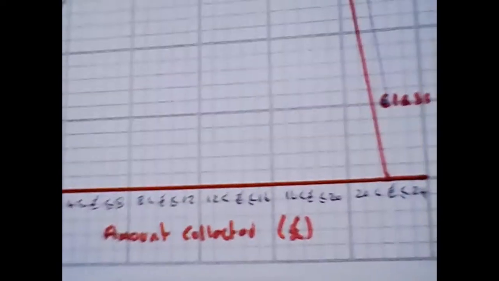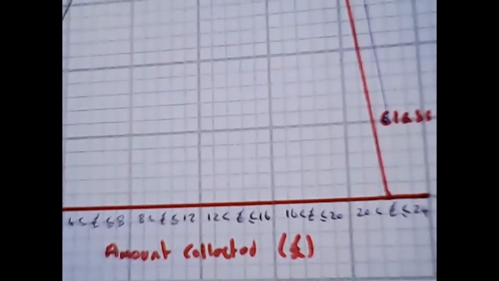And then I put them onto a diagram, and again, I'll just talk you through it quickly. At the bottom here I've got the amount collected, in the groups, there's six columns there, and then at the side here I've got the frequency. The frequency goes up to 9 as the highest one, so I needed from 1 to 9 on my scale at the side here.